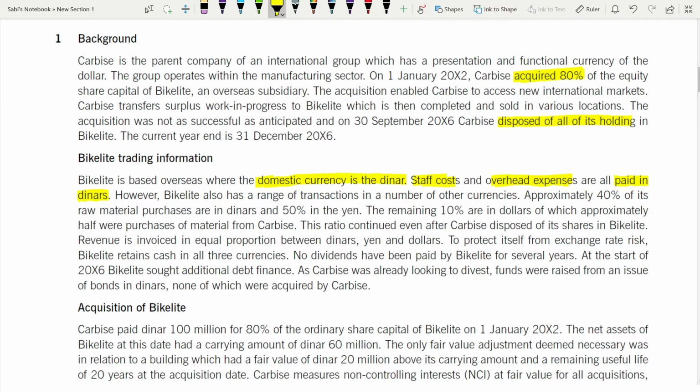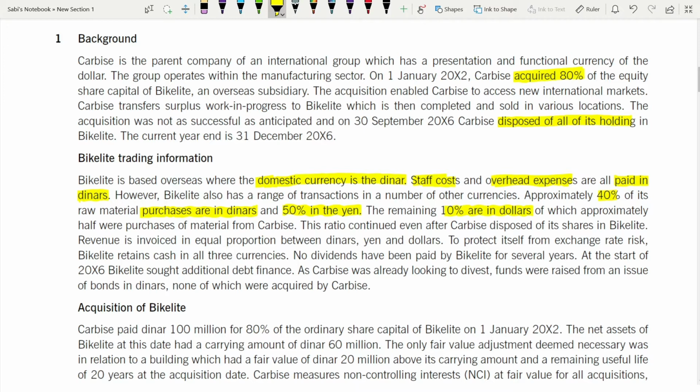However, Bakelite also has a range of transactions in a number of other currencies. Approximately 40% of its raw material purchases are in dinar and 50% in yen. So 40% purchases in dinar, 50% in yen, and the remaining 10% are in dollar, of which approximately half are purchases of material from Kerbis, that is the parent.